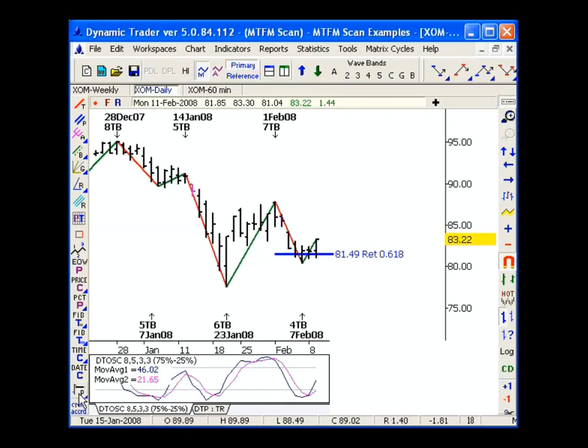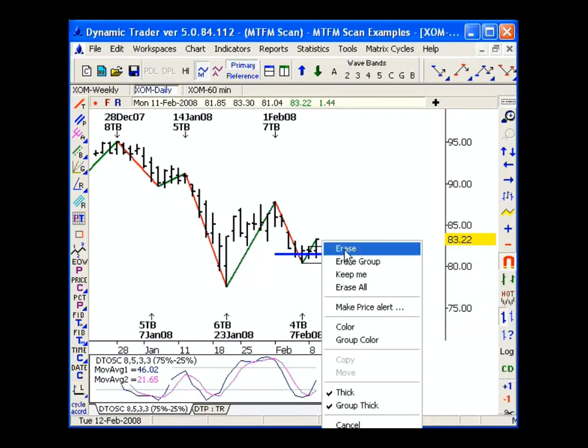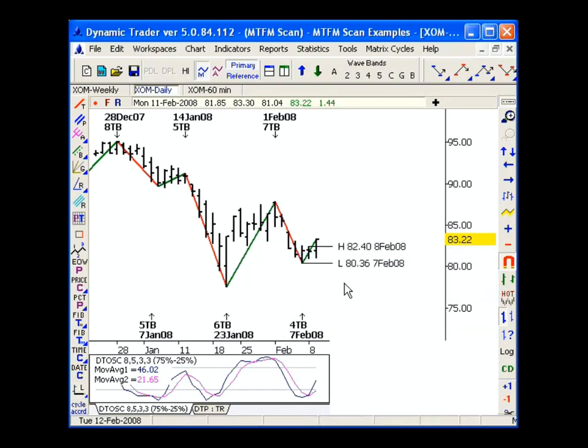There we go. And so where's our entry? It was at the high, right above the prior day's high, with our stop 1 tick below the low. I'll even take off that little 62% retracement so we can see these figures right. So we have a stop about $2 away from our entry price.